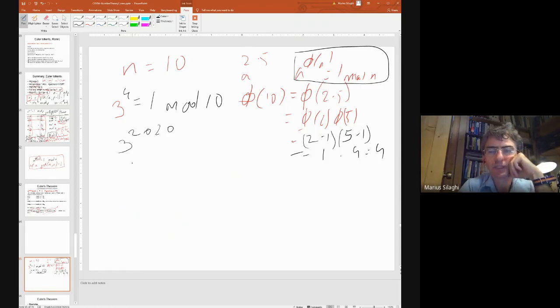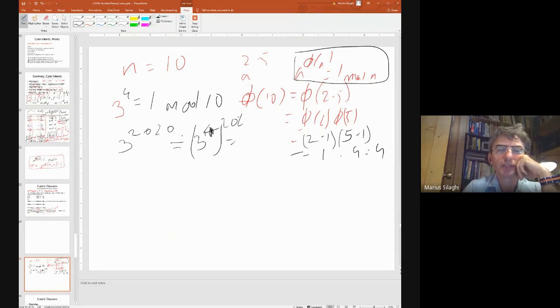If you raise 3 to the power 20, what will the last digit be? Yes, Abdullah, it's 1. Because you can write it as 3 to the power 4, everything to the power 505, since 2020 is 4 times 505.